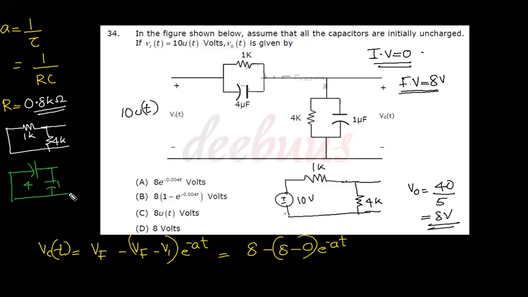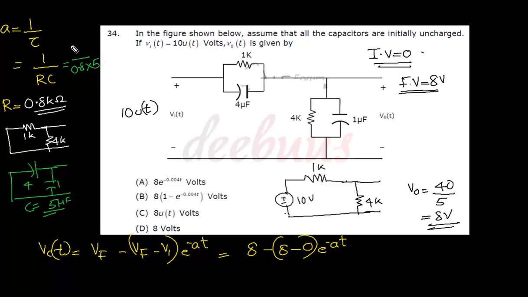Now the effective capacitance is 4 parallel 1, so for the capacitance case it is 5, right? So the effective capacitance turns out to be 5 microfarad. That means A equal to 1 by 0.8 into 5, right, 1 by 0.8K into 5 microfarad.